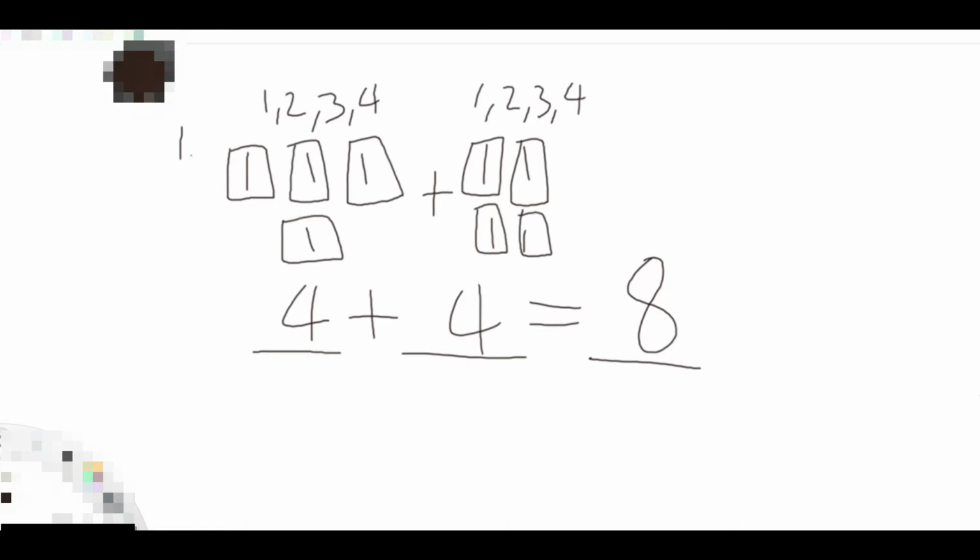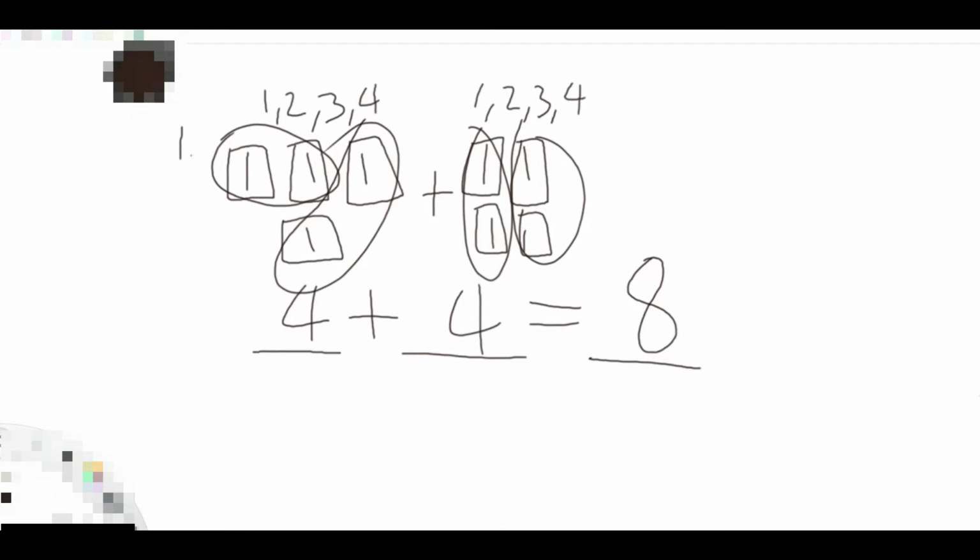The other way is you could group them. Like you could group these two and these two. You could group these two and these two. And you could count by even numbers, since 2 is an even number.